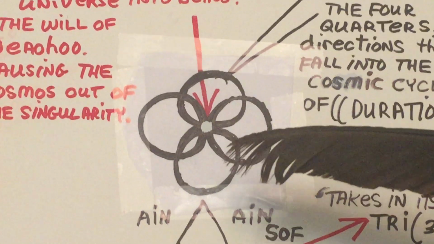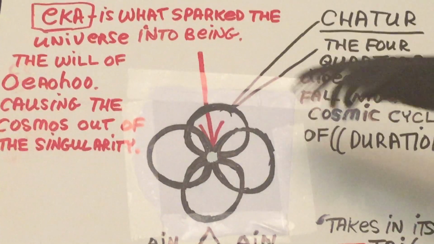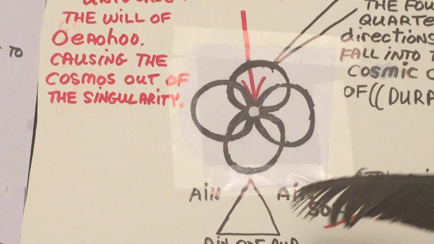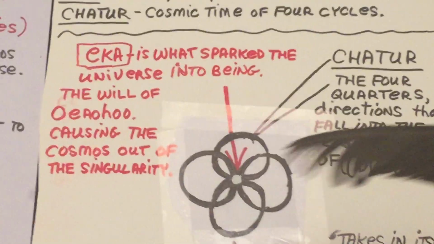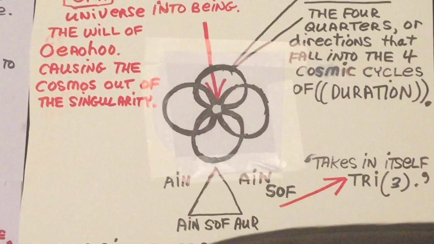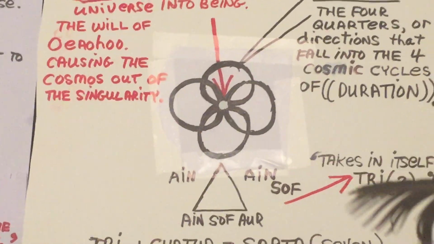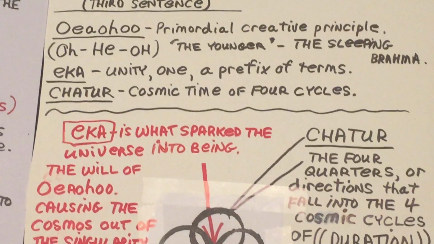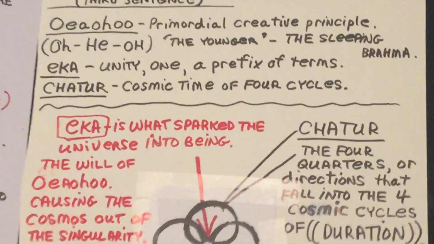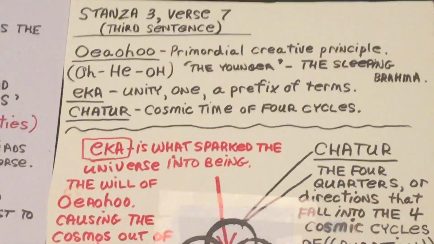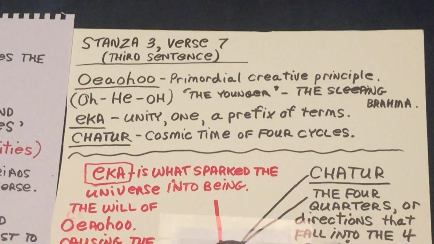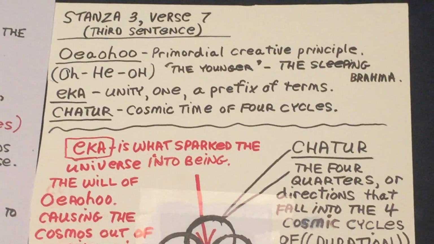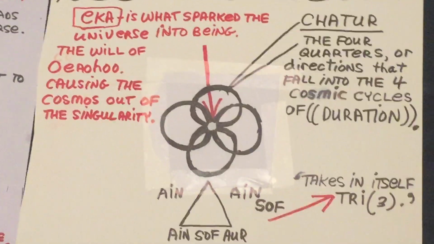You have to use your imagination to see it dancing around in spirals. And as it dances around in spirals, going round and around, it's going higher and higher and higher. And each wheel helps to produce the universe. So I hope this helped you to understand what is a very complex stanza. It just gets deeper and deeper and deeper.